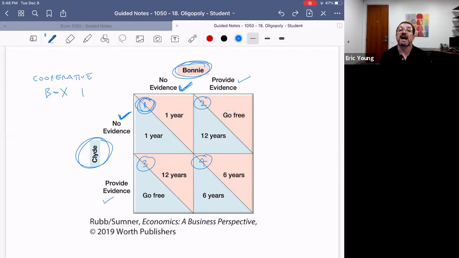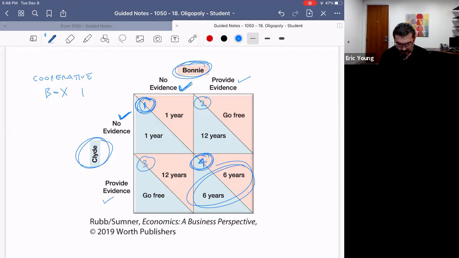But if you were to suss out the dominant strategies, what you would find is that even though both Bonnie and Clyde together should zip it and land here in box 1, the dominant strategies are going to lead them down here to box 4. And instead of getting 1 year each, they're probably both going to testify against the other because of the dominant strategy, and they're going to land at a suboptimal solution, each of them doing far more jail time than if they had zipped it.